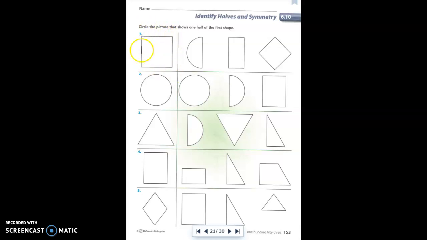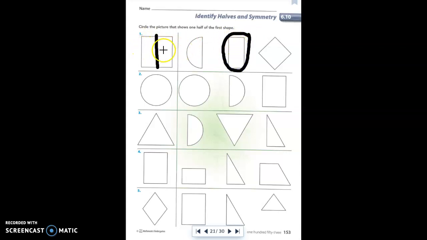But if I divide this shape in half, I'm never going to get this. There's no rounded sides, so that's not going to be appropriate. I would get a rectangle. If I divide this straight down the middle like that, you see that I get two rectangles. So this would be half of it.